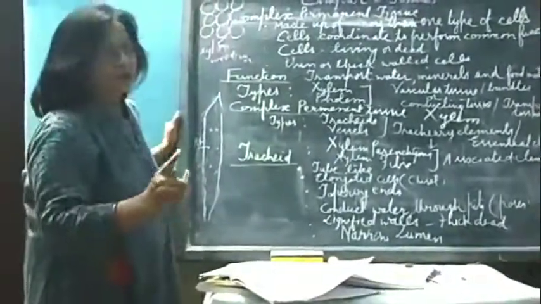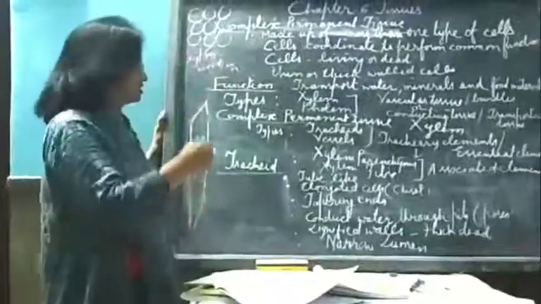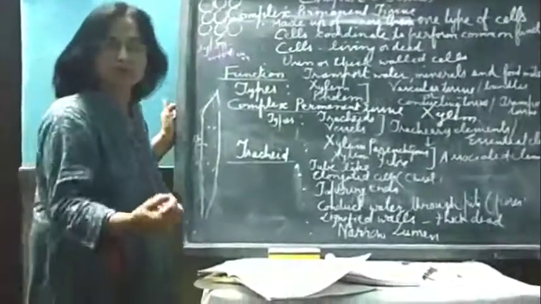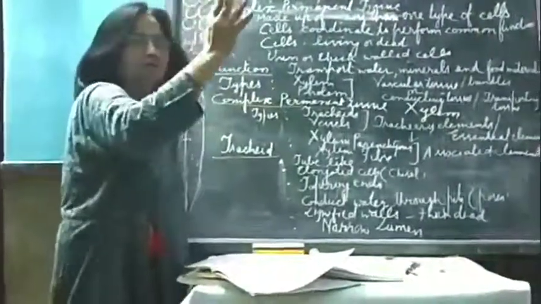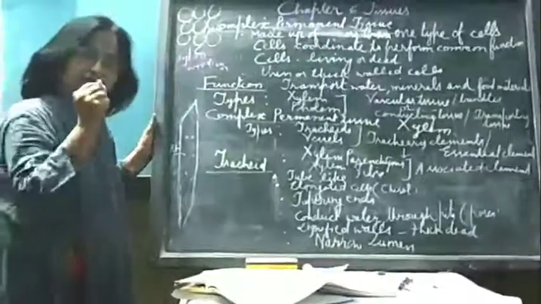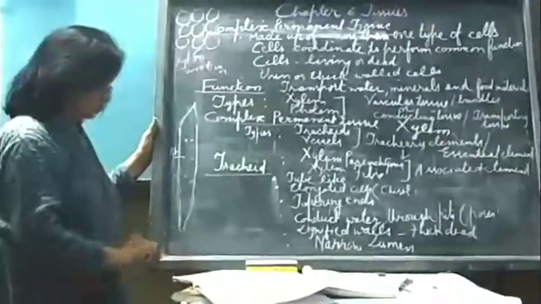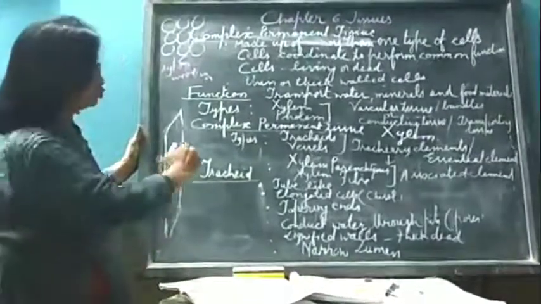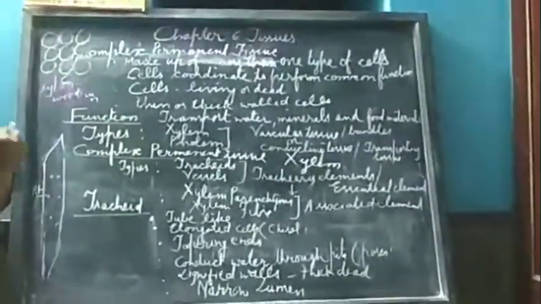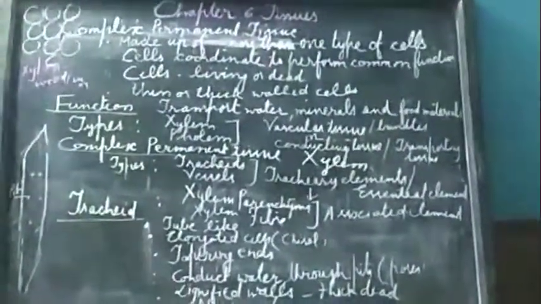So xylem are pipe-like structures through which water goes from the root to different parts of the plant. So xylem is a conducting tissue which absorbs water and minerals from root to other plant parts. So they are the water pipe for the plant. The fluid present in that xylem is called xylem sap.